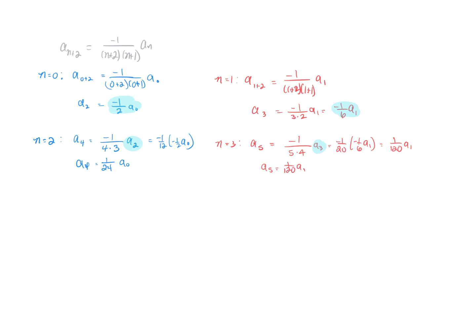If we continue on with this same pattern, when we look at n equals 4, we get a sub 6 is now negative 1 over 4 plus 2 is 6 times 4 plus 1 is 5, a sub 4. Well, again, a sub 4 is 1 over 24, a naught. So you get negative 1 over 30 times 1 over 24, a naught.